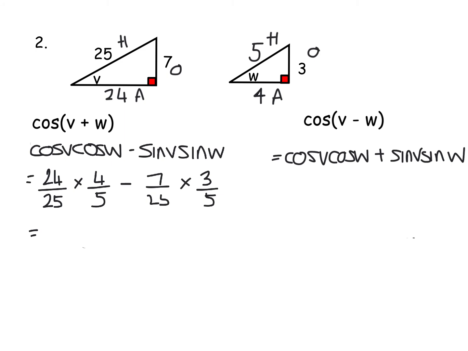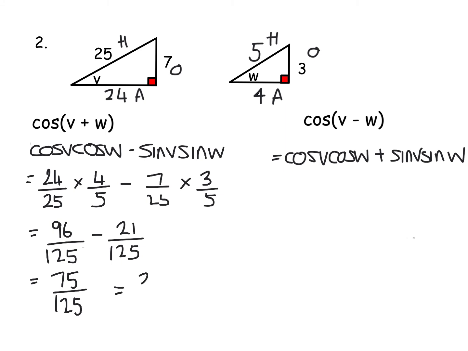Now if you do them, multiplying would give you 96 over 125 minus 21 over 125. And when you take them away, you get 75 over 125, and that simplifies down using multiples of 25 to 3/5.